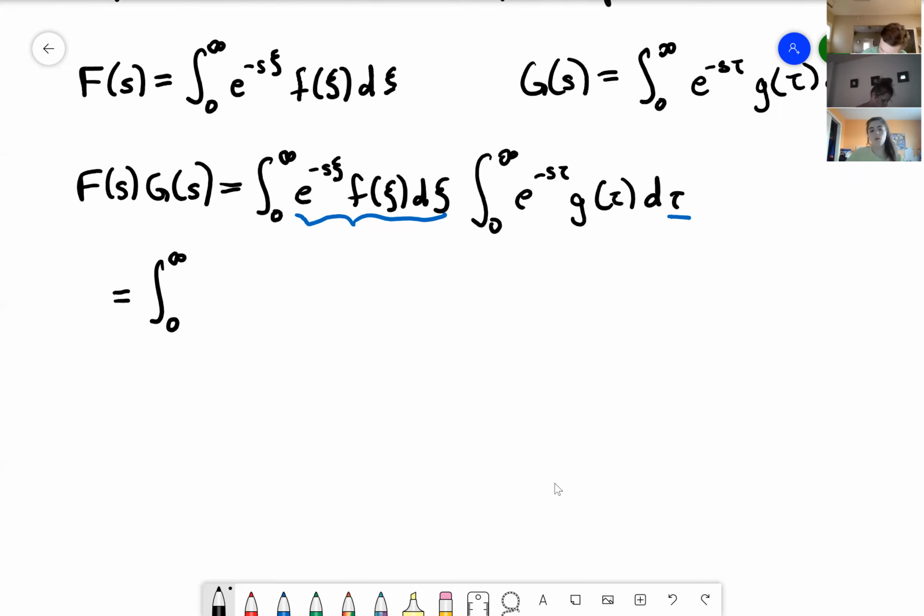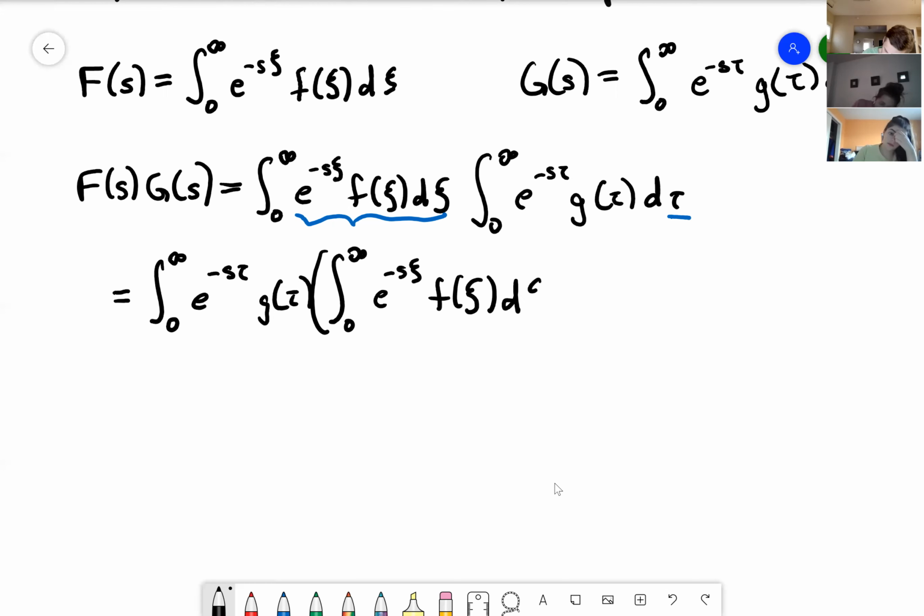Well, let's write it like this: e to the minus s tau, g of tau, and then all of the integral that doesn't depend on it. Put this in parentheses: 0 to infinity, e to the minus s c, f of c, d c. Okay, so with respect to tau, this is just some constant, right?